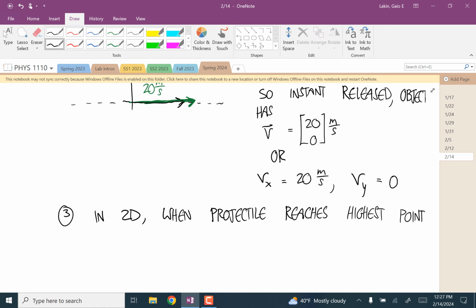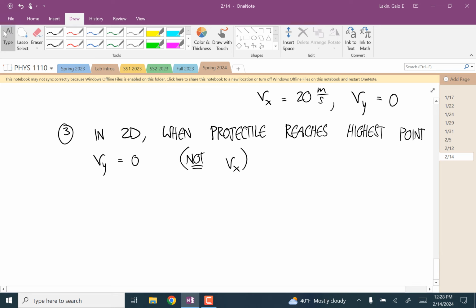What it really is just the vertical part of the velocity is equal to 0, which we're always going to have as Vy. So Vy is equal to 0. But the key thing to remember is not the x component of the velocity. It is not 0. Okay? And I think this example, it'll make sense if you think of this example.